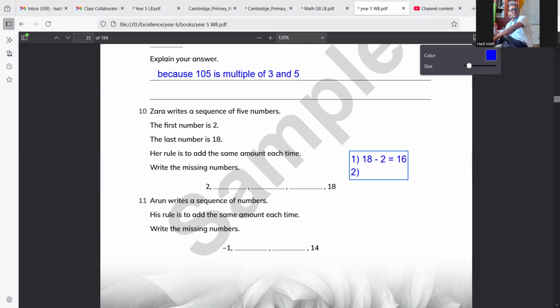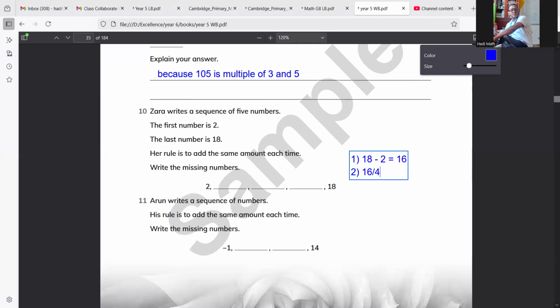Step number 2, you take the answer 16 that you found and divide it by a number. You see how many missing numbers you have: 1, 2, 3. You have 3 missing numbers. Remember forever, if you have 3 missing numbers, you divide by 4. If you have 4 missing numbers, you divide by 5. If you have 5 missing numbers, you divide by 6, and so on.